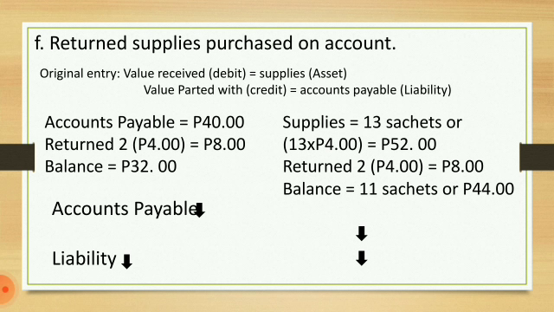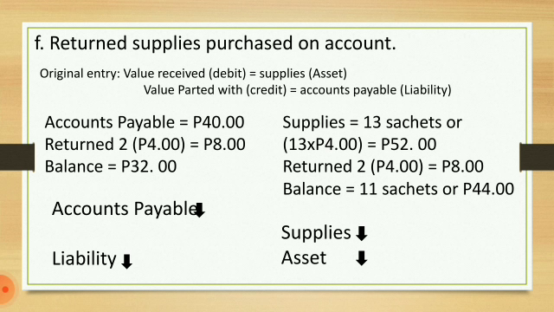So you return 2. 2 times 4 is equal to 8. So for the balance, how many sachets do you have? So 13 minus 2, that's 11. 11 times 4, that's 44 pesos. So what happened to your supplies then? So your supplies is decreased. And what happened to the asset?